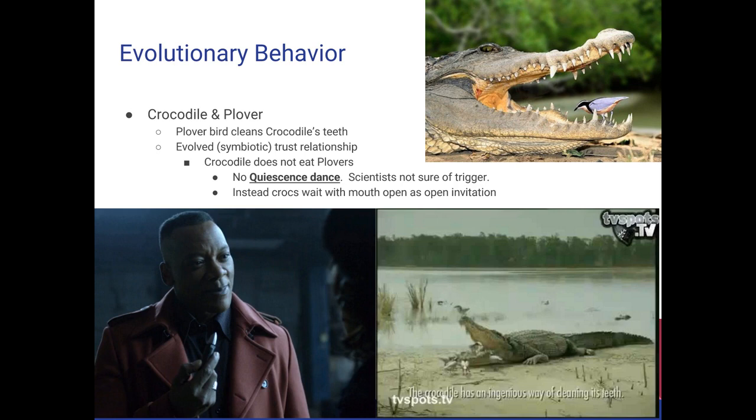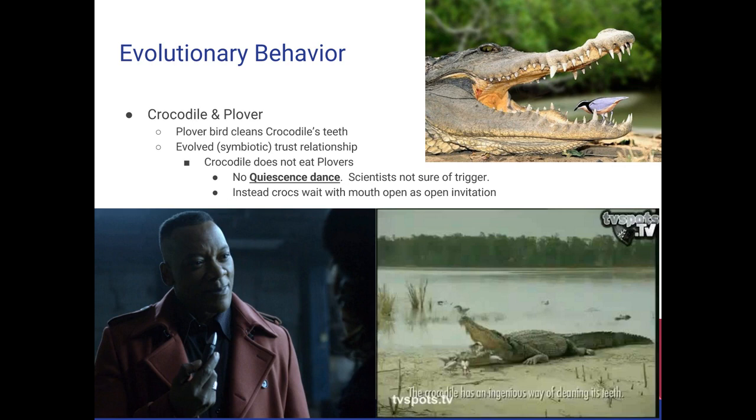It's not necessarily learned behavior, but this is behavior that people are born with that is either symbiotically used in nature, or in some very interesting cases, another creature has come along in the evolutionary chain and exploits this underlying symbiotic trust relationship. So the first discussion is the crocodile and the plover bird.